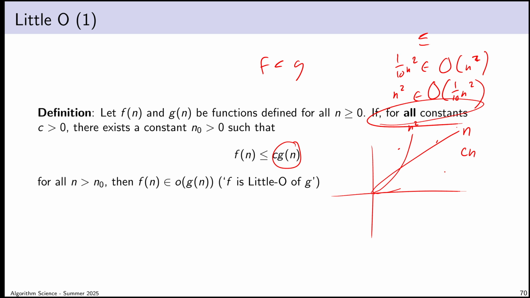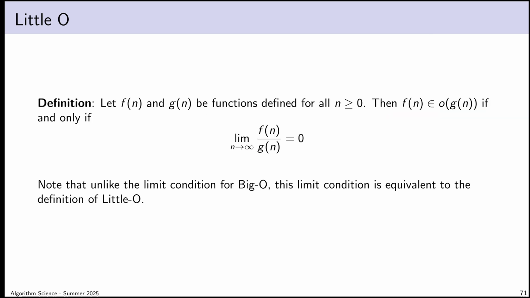There's a better definition that I use all the time, and it's the one internally, when I think of little o, the only one that I think about, and it's this definition. And unlike with big O and big omega and big theta, the limit is a definition. So unlike the other cases where the limit was only a sufficient condition, for little o and little omega, the limit is in fact a definition. So if f over g goes to 0, then f is little o of g. That's it.